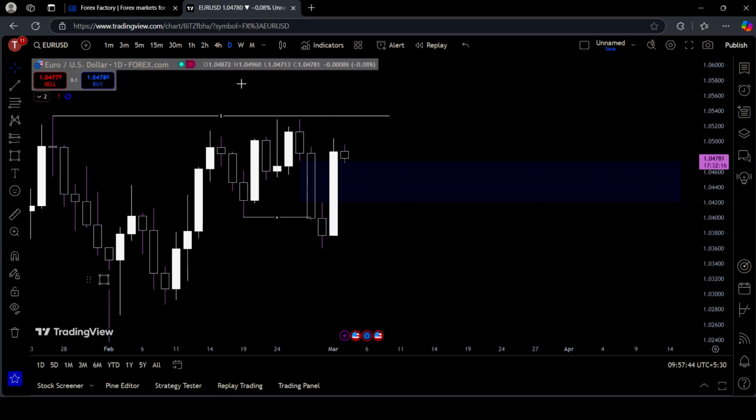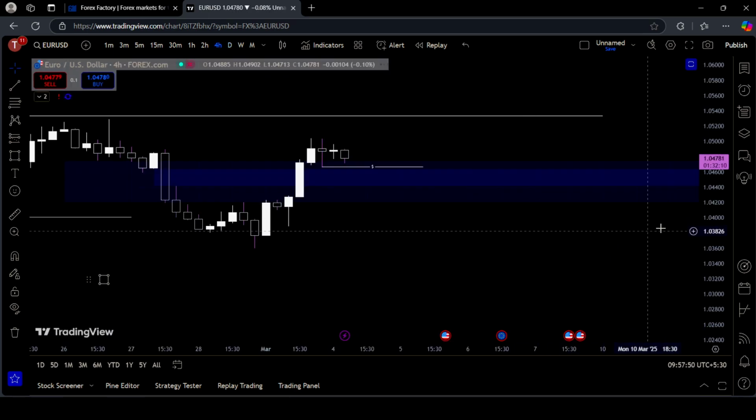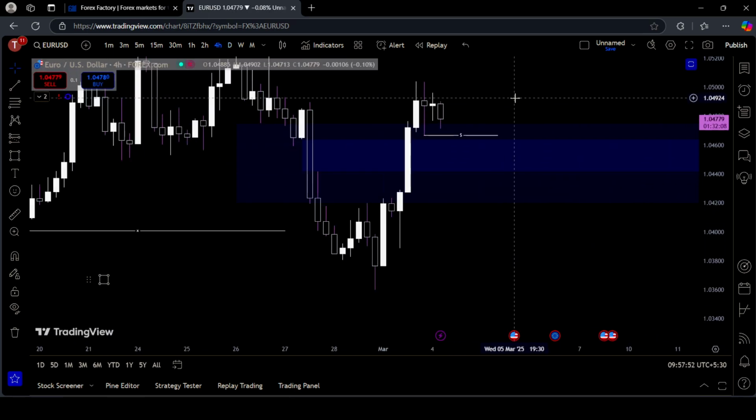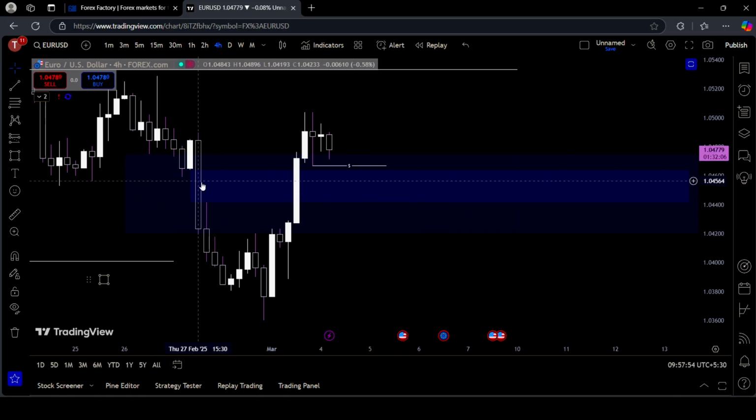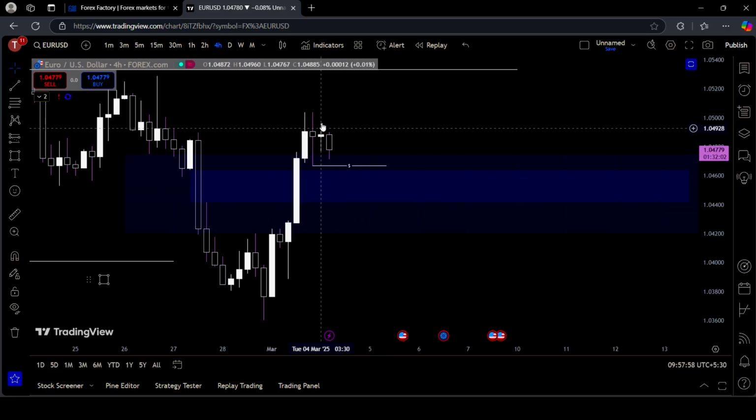So let's move to the 4 hours to see what we have in here, from where the flip zone has actually formed. So we can see that this is the 4-hour FVG, and the price had moved into the further upside direction.